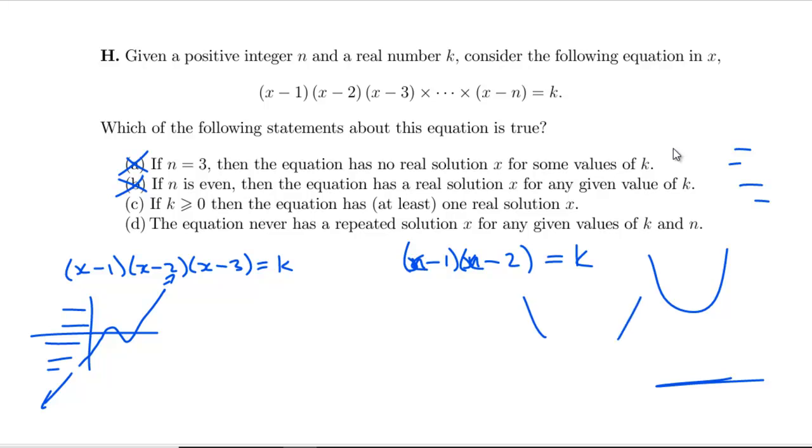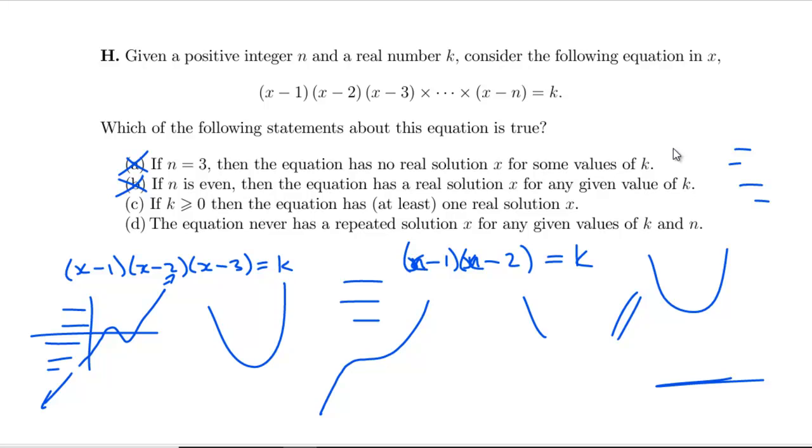For the odd ones, we're going to be ending there. That feels like it's going to be true because all of our graphs are going to look something like that with extra wobbles as you're going to higher and higher even powers, or they're going to look something like that with extra wobbles as you're going to higher and higher odd powers. So at some point we're going to cross a positive k. That just has to be the case, it would seem.